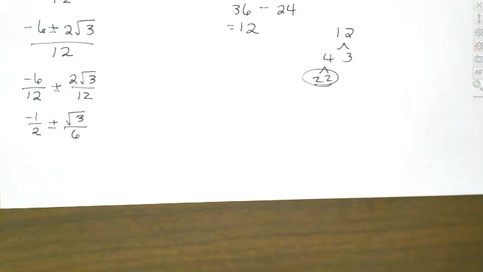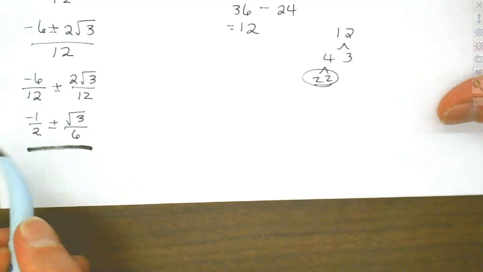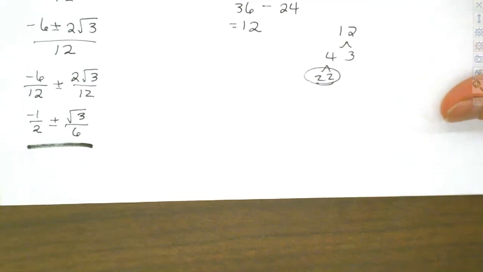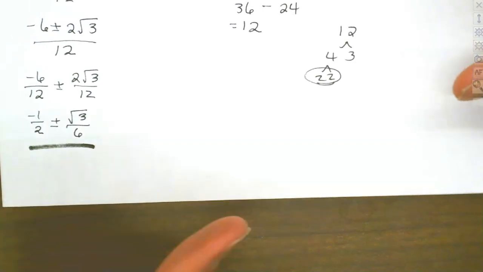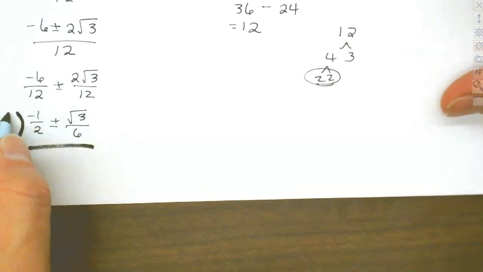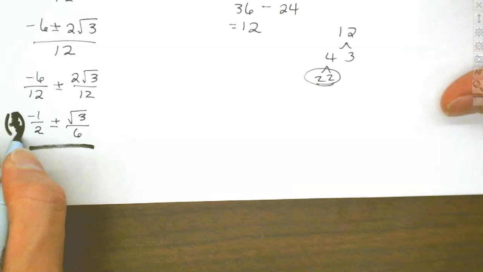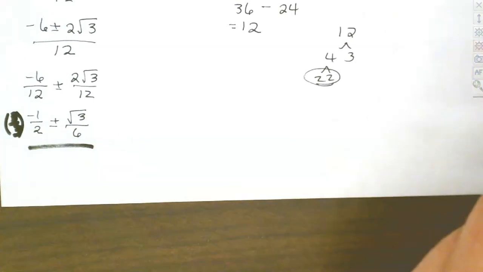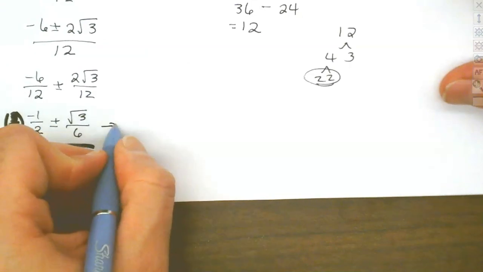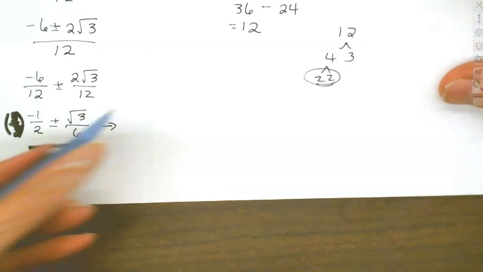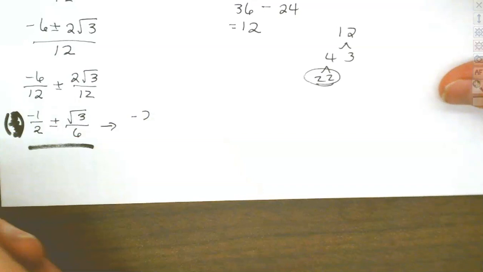Now we want it to have a common denominator so it matches up with their answer. This is okay. I would take that as an answer. They sometimes will put it in one fraction bar. So let's multiply this by a 3 over 3. That way we can get it back to a 12, or sorry, 6 down below. And 3 times a negative 1, that's a negative 3.